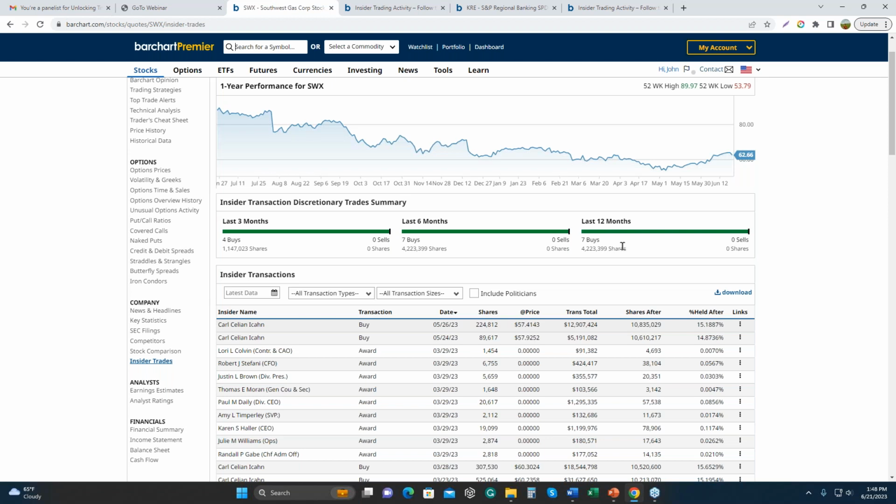Now, we could just buy the shares of stock, put them away, and see what happens. But maybe you don't want to put out that much capital. So what we could do is look at this in terms of an options trade again.